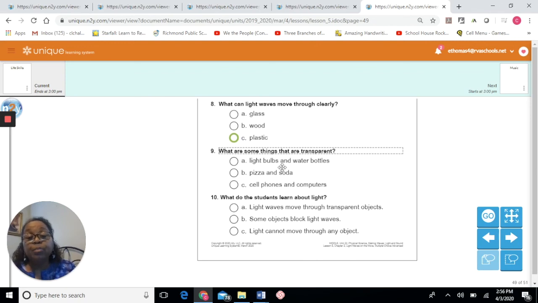Both of them would have to be true because of the word and. So pizza and soda, that would be a wrong answer. Light bulbs and water bottles, you can see through light bulbs, most definitely. And we have water bottles that you can see through also. So I'm thinking the best answer for this one would be A.